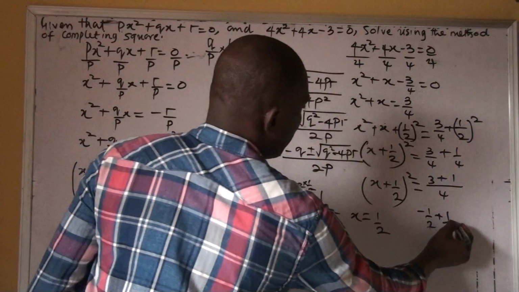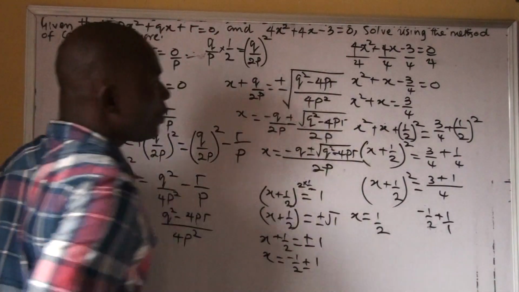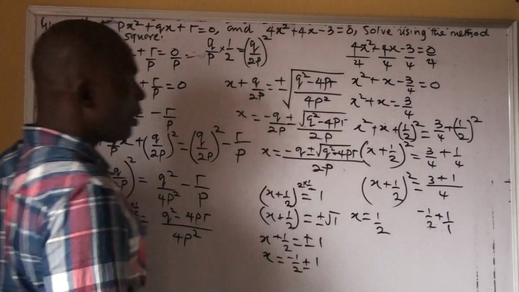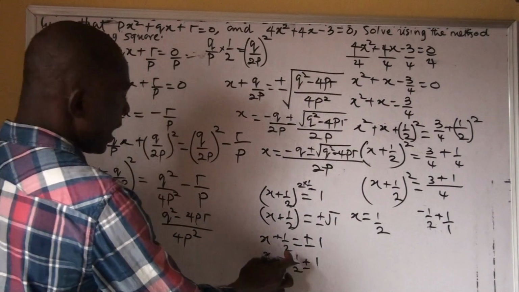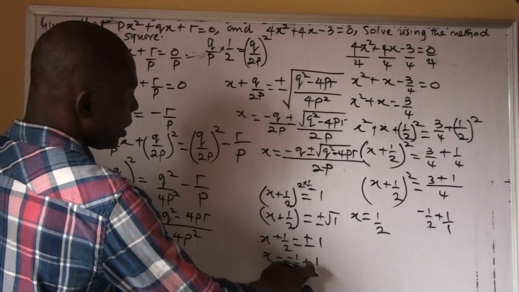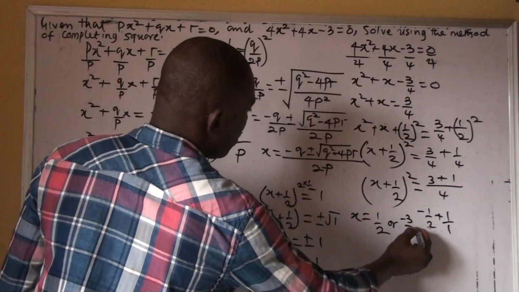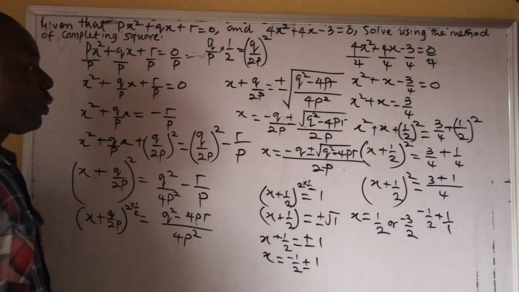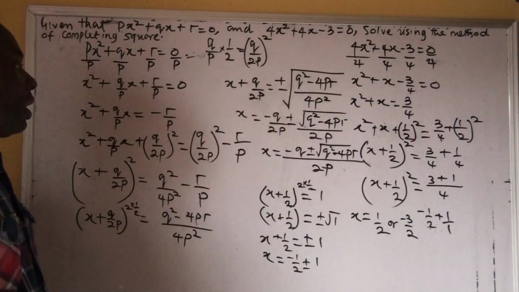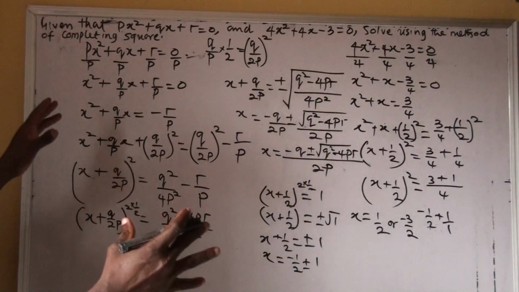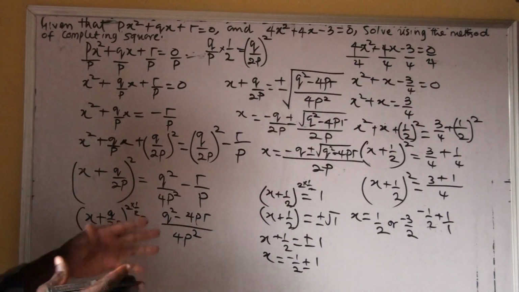It's the LCM; this time it is 2. Minus 1 plus 2 over 2 is 1 over 2. So the other one will become minus half minus 1. That will give us minus 3 over 2. So the solution there is 1 over 2 or minus 3 over 2. This is the procedure for solving a quadratic equation using completing the square.